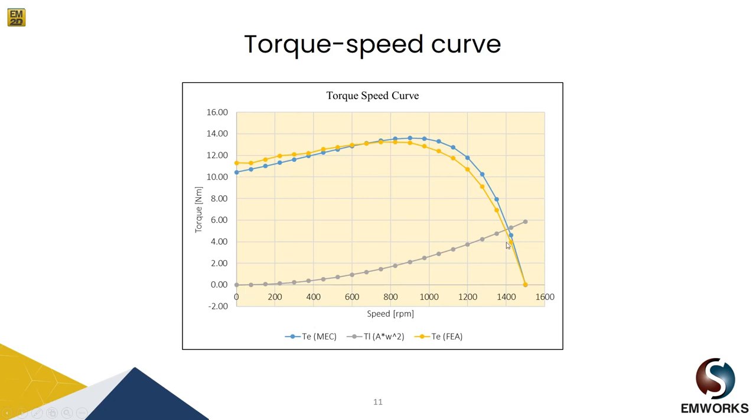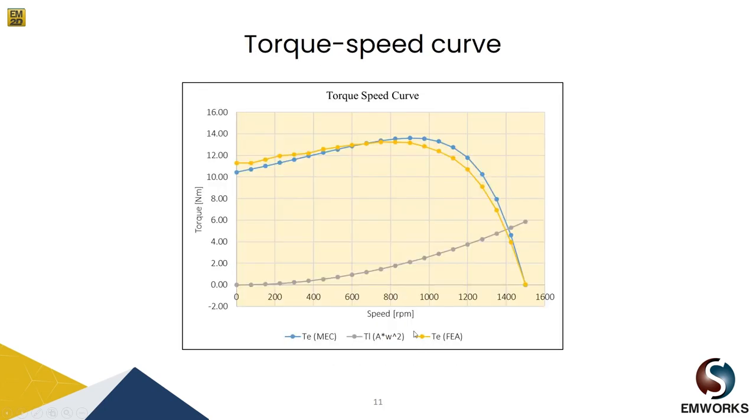This curve also shows the load torque equation, and these two curves show the results generated by the finite element analysis and also the magnetic equivalent circuit method. As you can see here, the results are close and we can use the equivalent circuit method effectively.